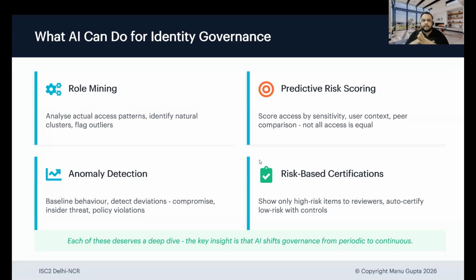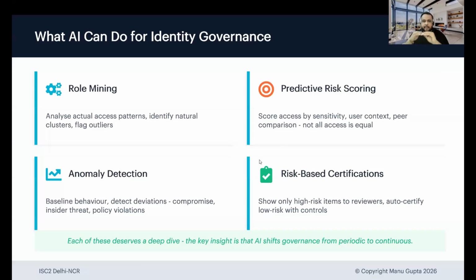For example, a user who accesses three applications during business hours suddenly starts accessing a financial application at 2 a.m. from an unusual location. A traditional rule-based system may not be able to identify that. However, an AI model that is trained on these patterns will flag that as an anomaly.